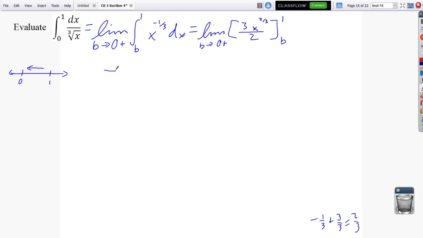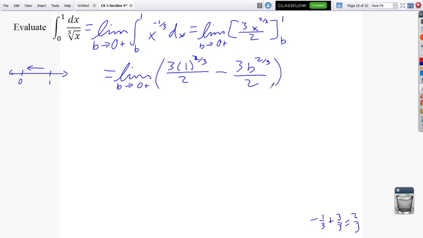Now that I've gotten that far, I'm going to use the fundamental theorem of calculus, part 2, which means I evaluate at my upper, 3 times 1 to the 2/3 power over 2, minus evaluate at the lower, 3b to the 2/3 over 2.